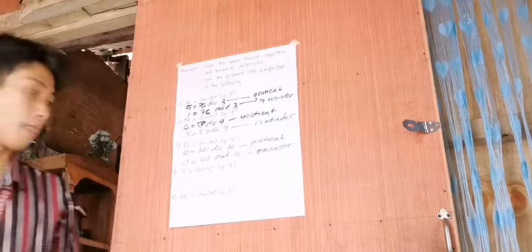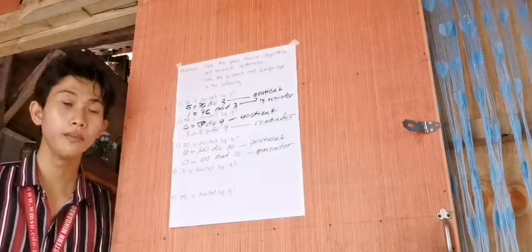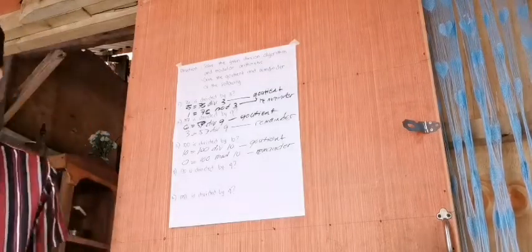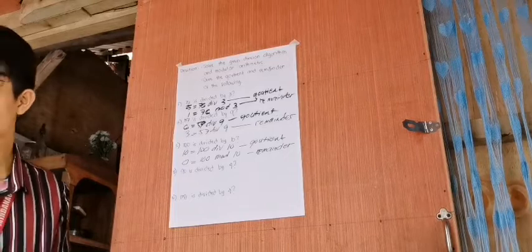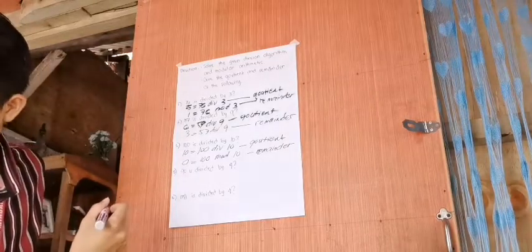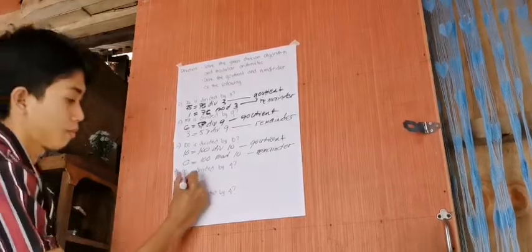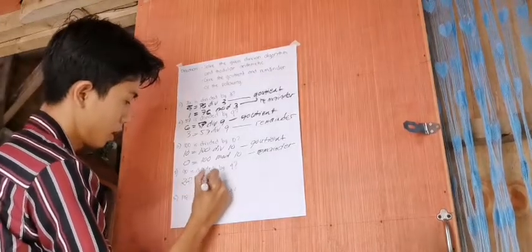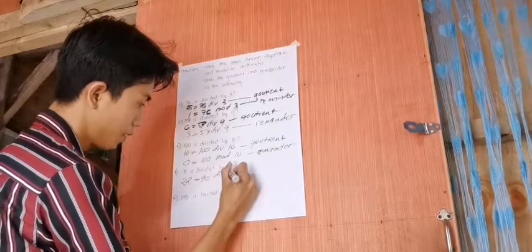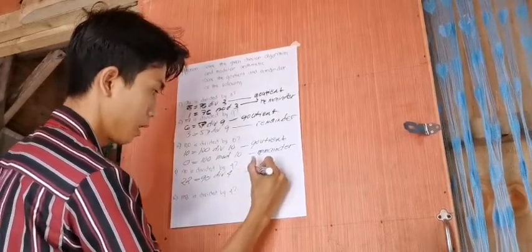So number 4, 90 is divided by 4. So 90 divided by 4, the answer is 22. 22 equals 90 div 4.